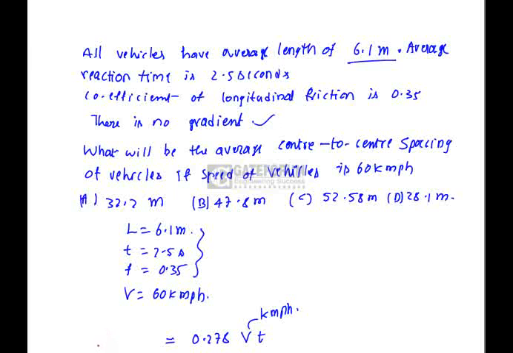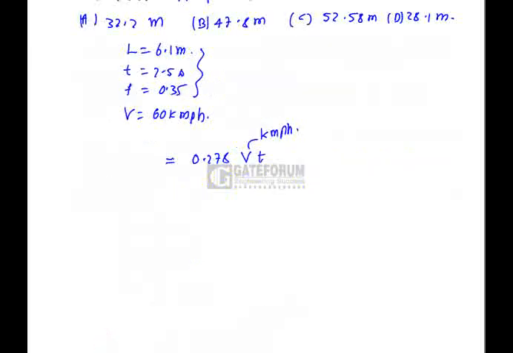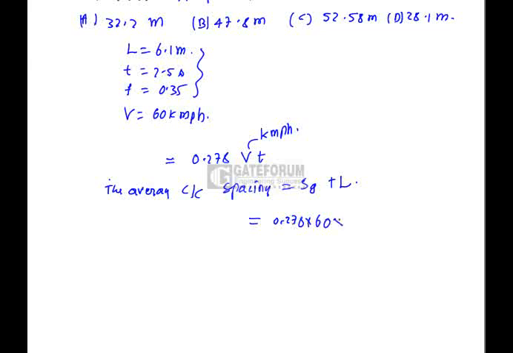So the average center to center spacing we are calculating is equal to minimum spacing Sg plus average length of the vehicle, that is 0.278 into 60 into 2.5 seconds plus L, 6.1, that is equal to 47.8 meters. So option B is correct.